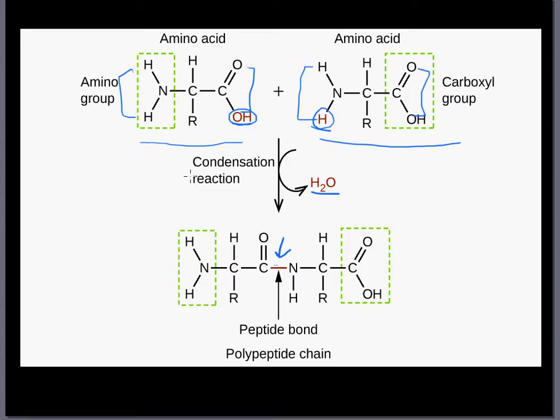And as you can see, what we get as a result is actually an amide in there. Just a reminder of amides and that they do exist. And that's the condensation reaction and how we get this. It's actually a dipeptide, but it's labeled there a polypeptide.